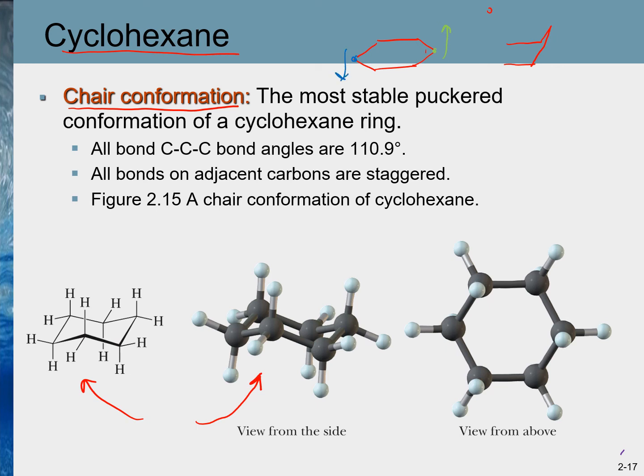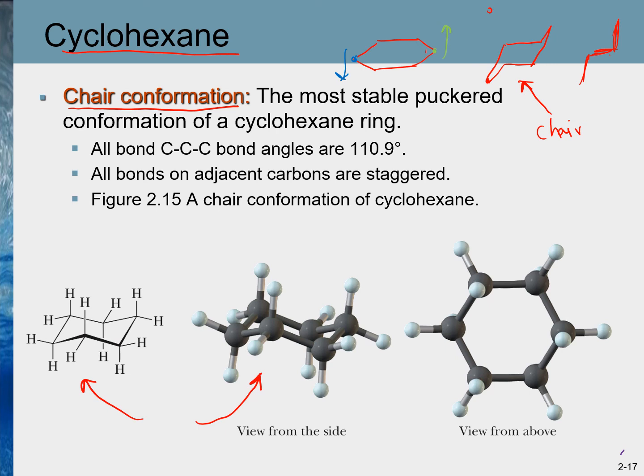So this is down the plane. So this conformation is known as chair conformation. Why chair conformation? It is because it kind of looks like a chair. So that's why it's called chair conformation.